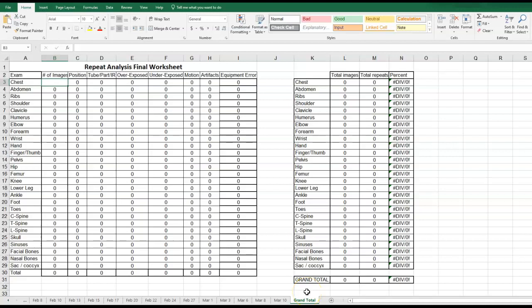At the end here, there should be a grand total for total number of images taken by the group, and then total number of repeats, and then it'll give you a percentage that you should be within. And so each student should be within plus or minus 2% of each other. The repeat analysis, I believe, is also gone over in your Carlton and Adler. So if you need any additional help with this final worksheet, please see me about that.